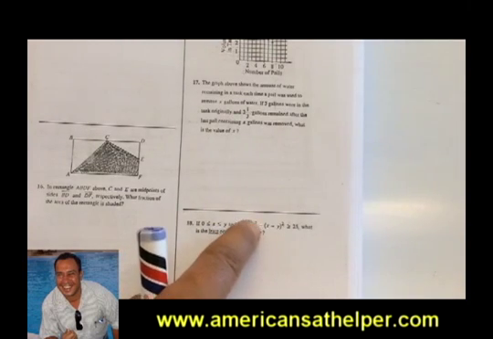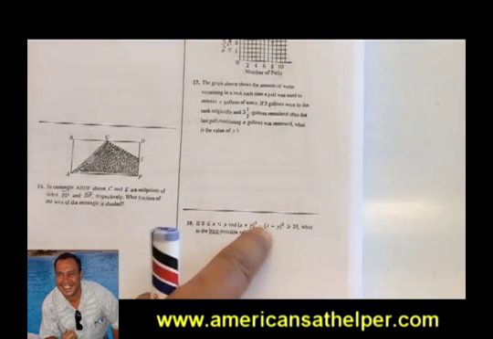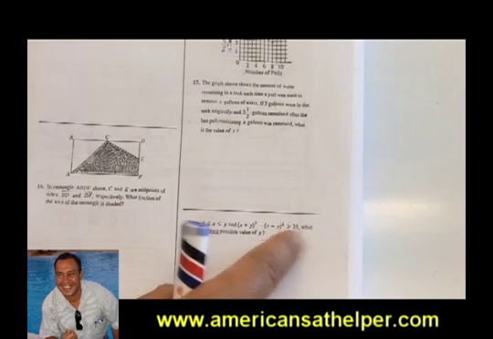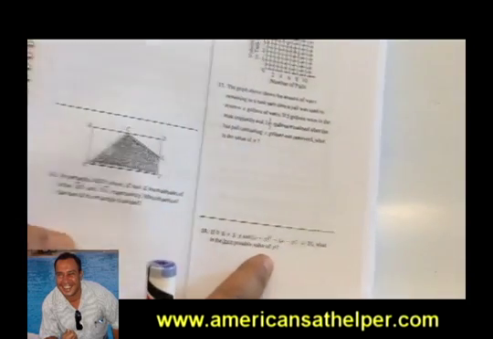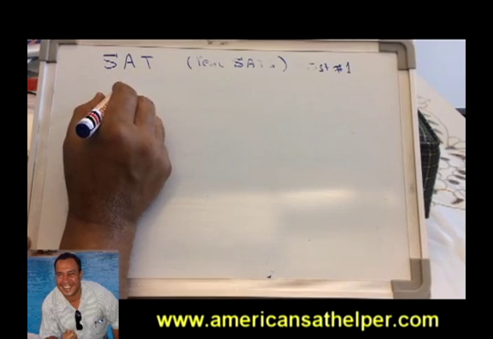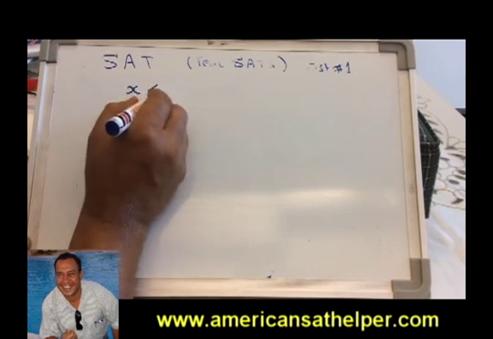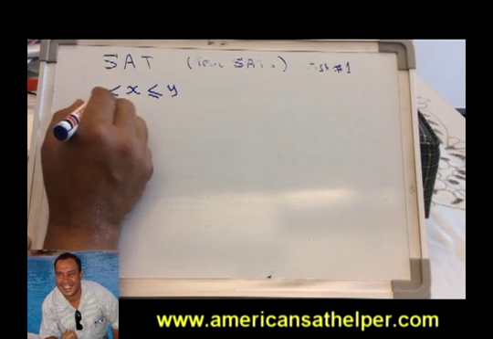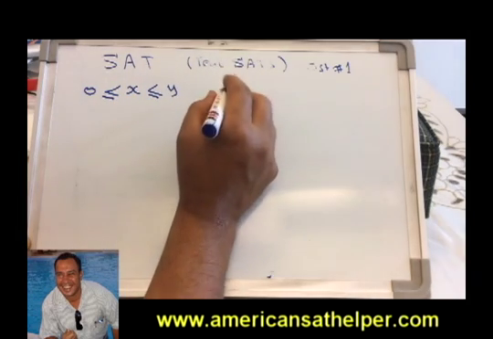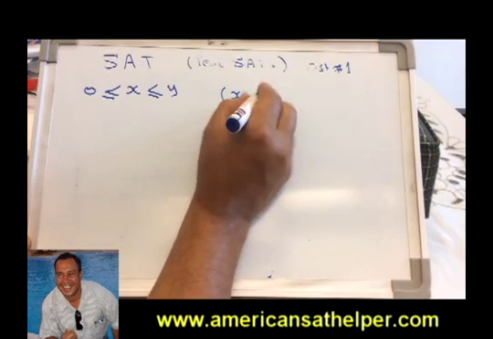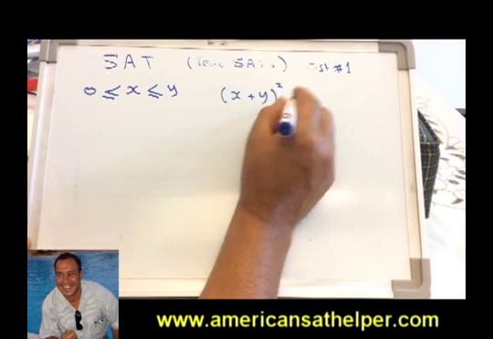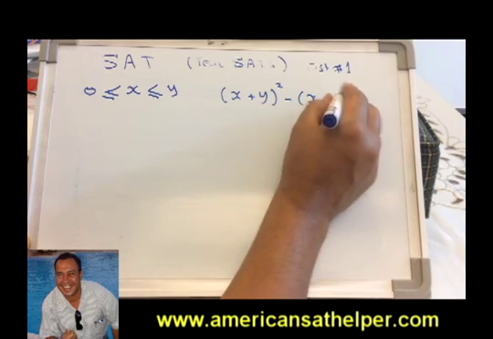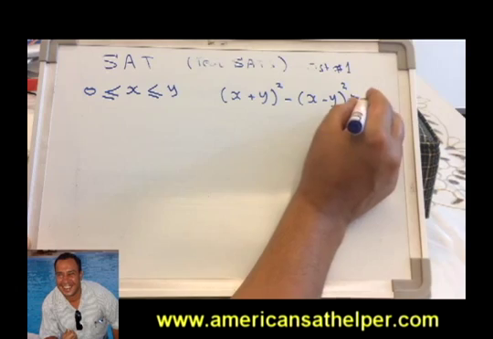And (x plus y) all squared minus (x minus y) all squared is greater than or equal to 25. What is the least possible value of y? Okay. What this problem states: x less than or equal to y, greater than or equal to 0, and (x plus y) squared minus (x minus y) squared greater than or equal to 25.